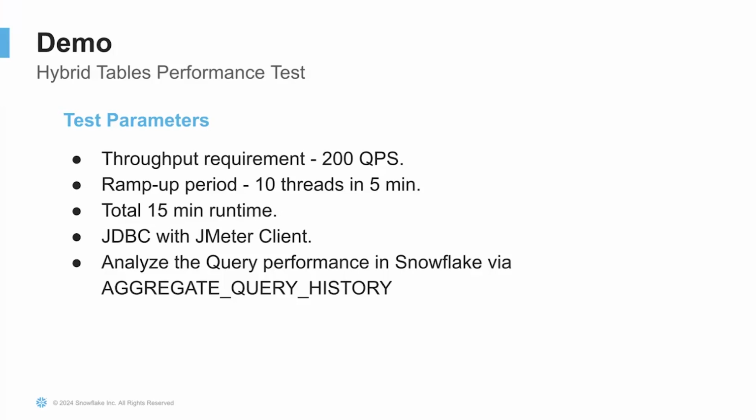I wanted to simulate that here with a JMeter client, running on an EC2 instance, connecting to Snowflake in the same region, and simulate the same workload as the customer's peak of 200 queries per second.